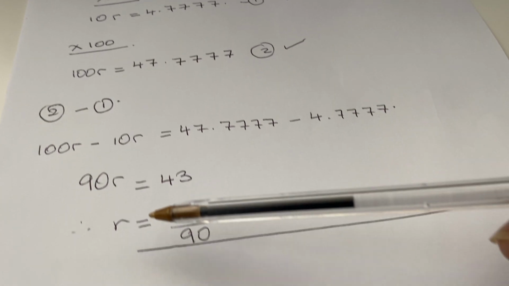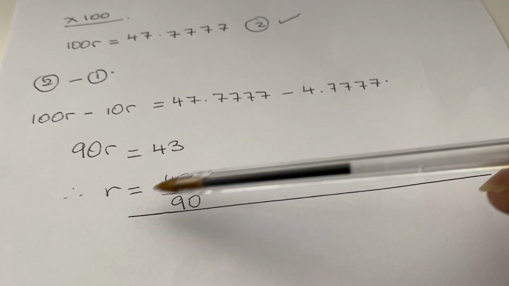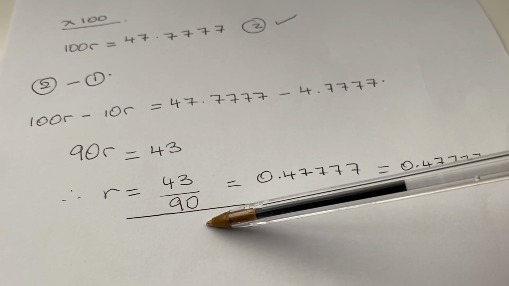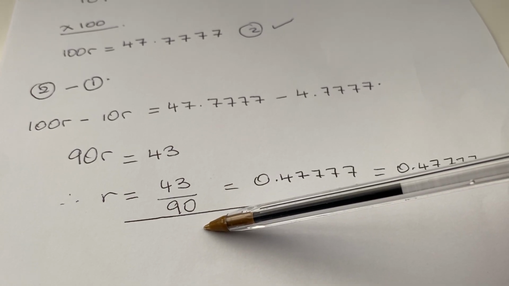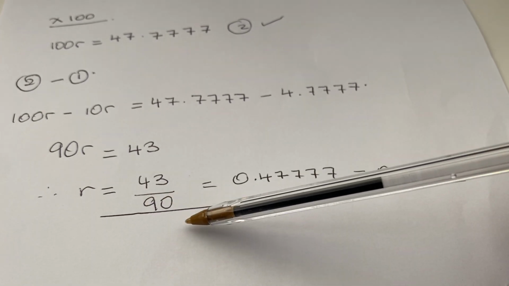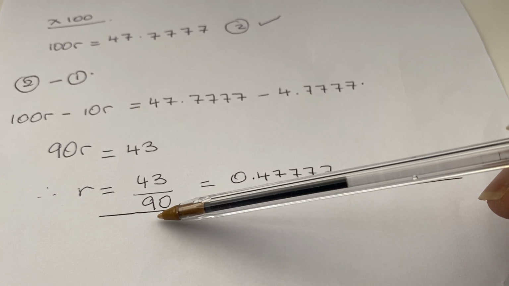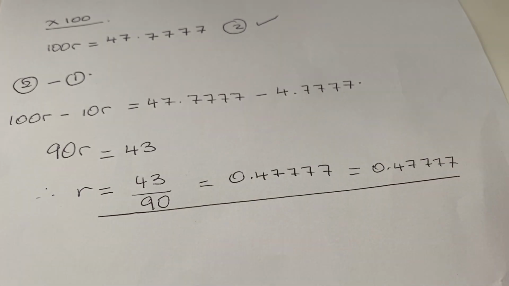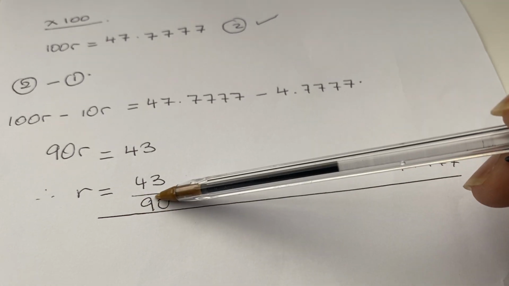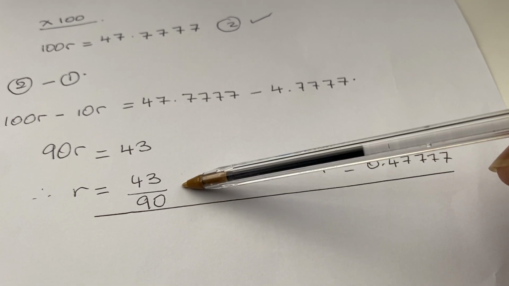Okay, so R now, if you divide by 90 on both sides, will be 43 divided by 90. Okay, now again, 9 times 10 will give us 3 to the power 2 times 10. So because of the 3, even if it's just 1, it is recurring.